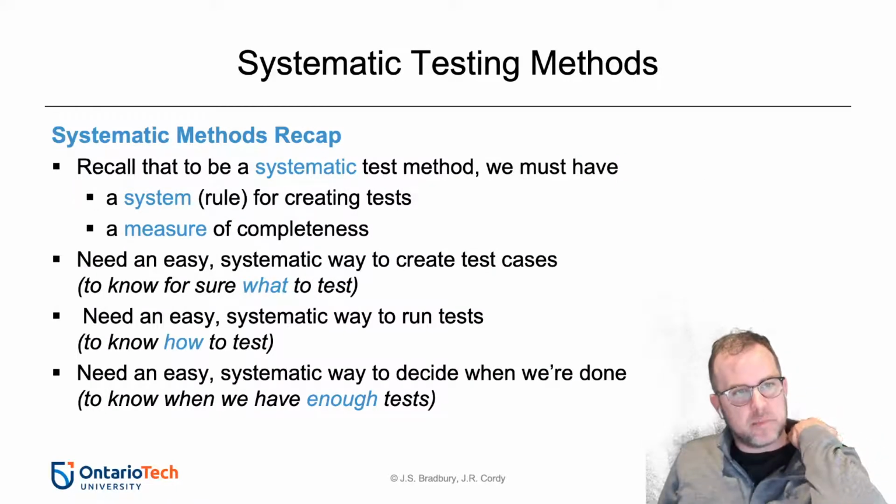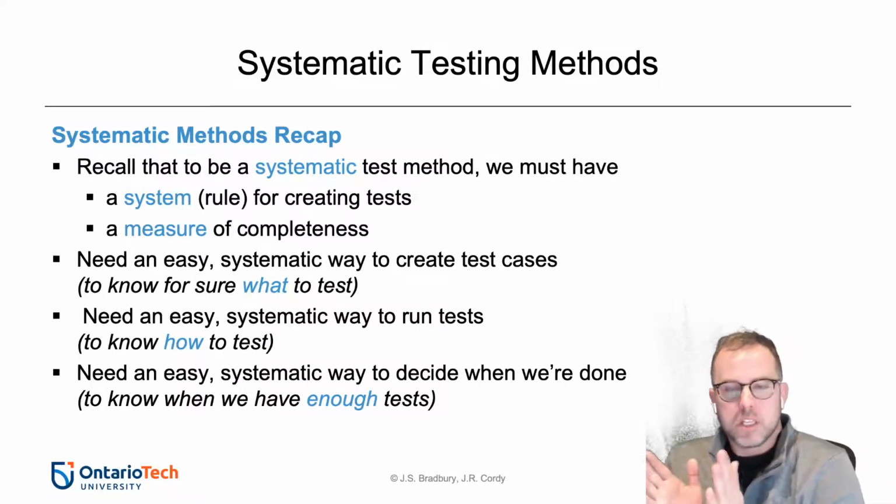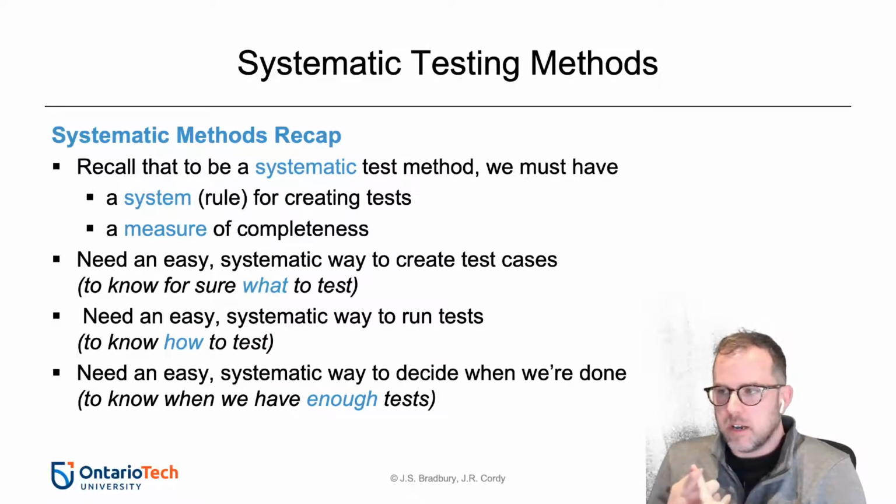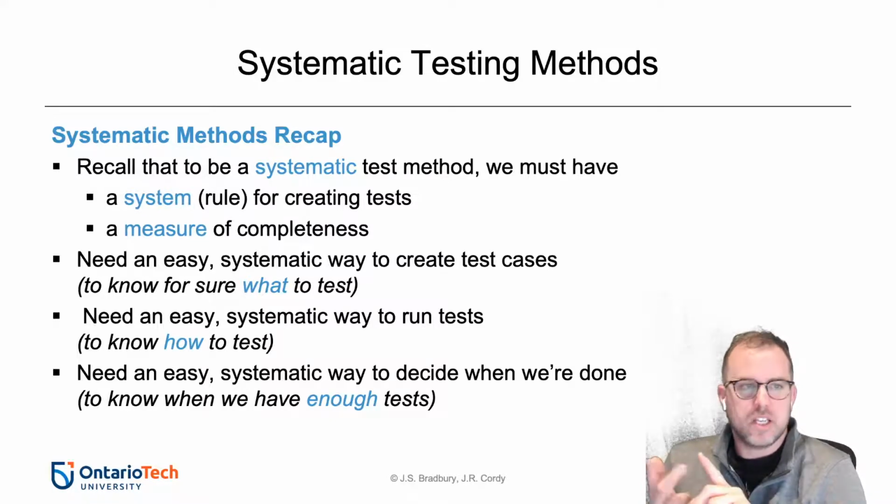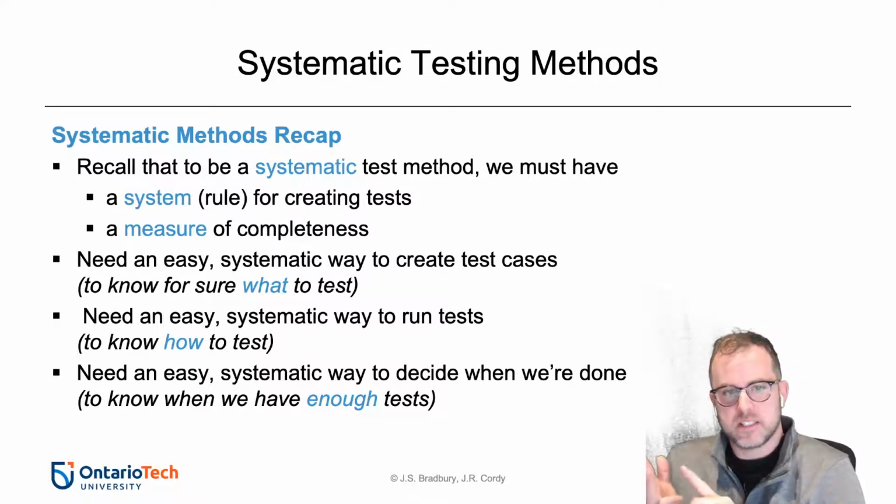Just to recap a little bit, what I've talked about today is the importance with testing of having a test strategy, a test plan, a test case design, and test procedures. And those are the main steps.